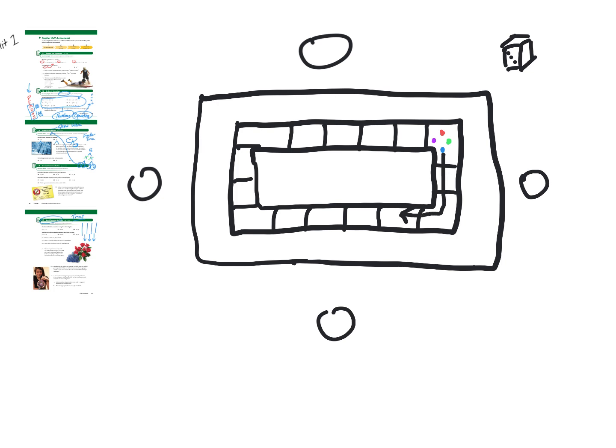And what you could do on the game board is make each little block a number of points. So let's say this is 10 points, 5, 2, 3, 7. Wherever you land, let's say your green piece lands on the 10. You could have one person in the group take a look at their homework from Unit 1.